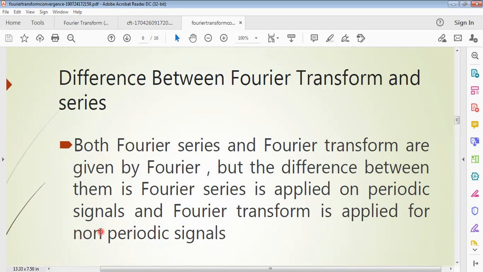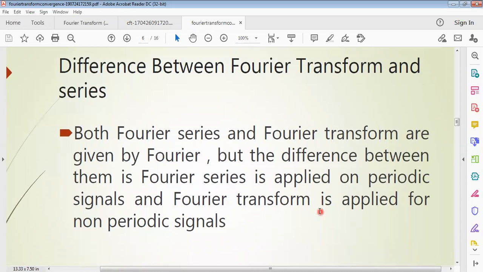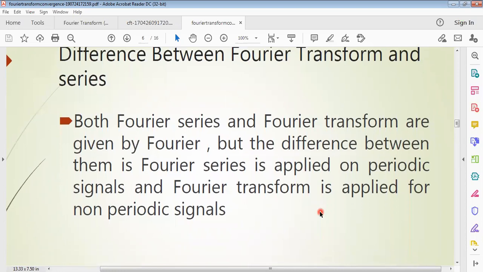Non-periodic means not periodic. You must know what the period of a wave is. Non-periodic means a signal that violates the periodic properties. So this is the basic difference between Fourier transform and Fourier series.